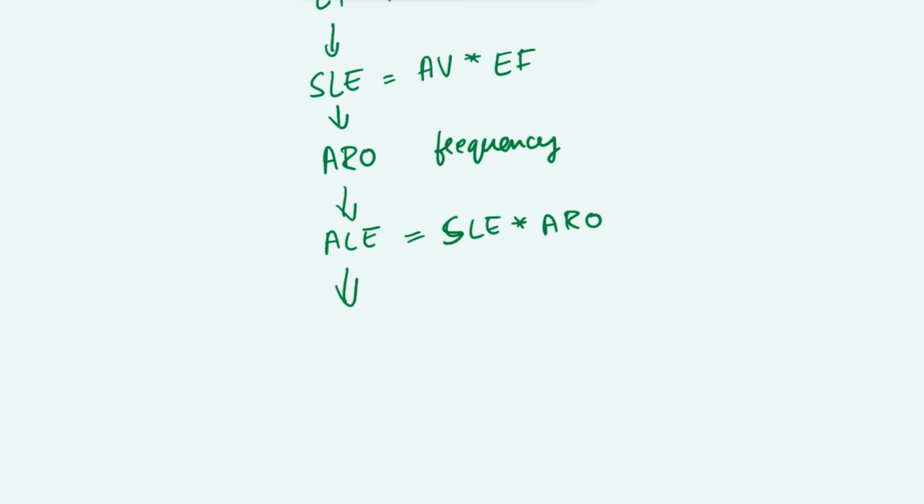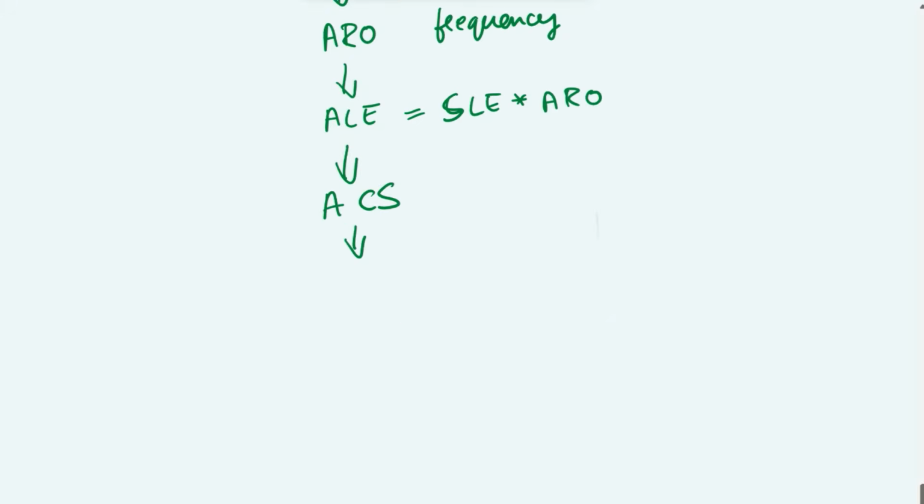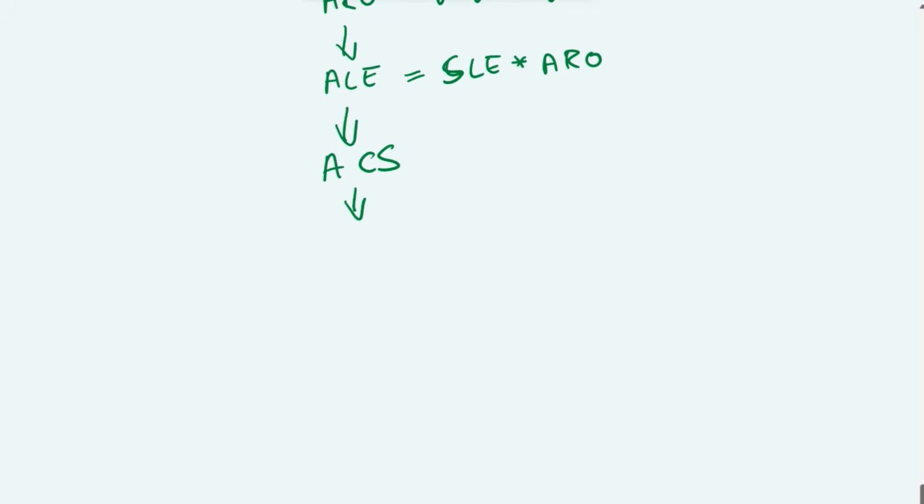The next step is to calculate the annualized cost of safeguard per year. And then we calculate the value or benefit of a safeguard by using the formula ALE1, that is pre-safeguard ALE, minus ALE2, post-safeguard ALE, minus ACS, that is the annualized cost of safeguard.